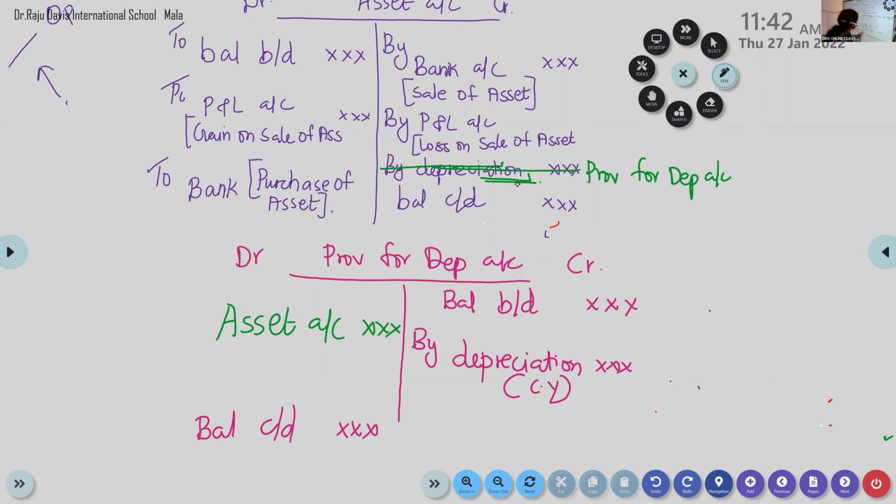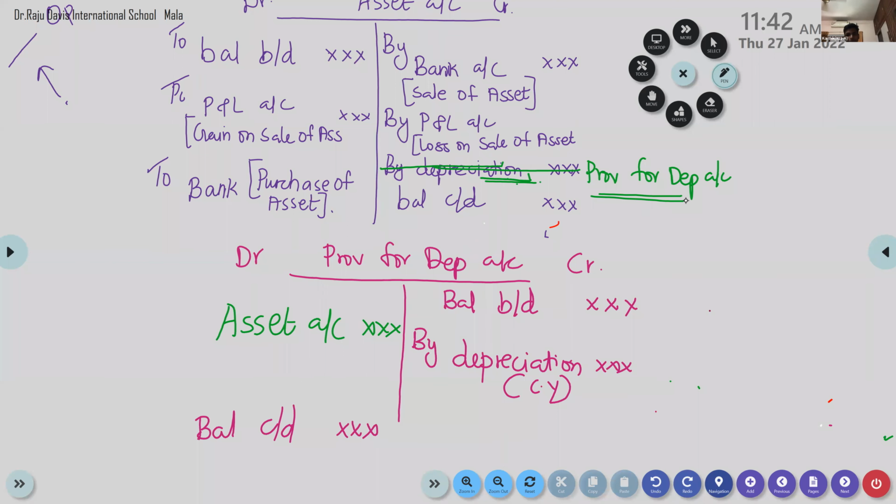We credit depreciation in the provision for depreciation account, and we are using money from it to write off this asset. So the change is, in the asset account, instead of depreciation, you should use the words provision for depreciation account.